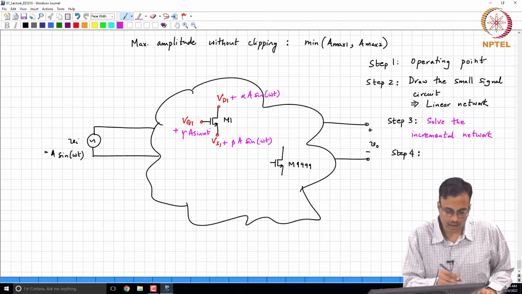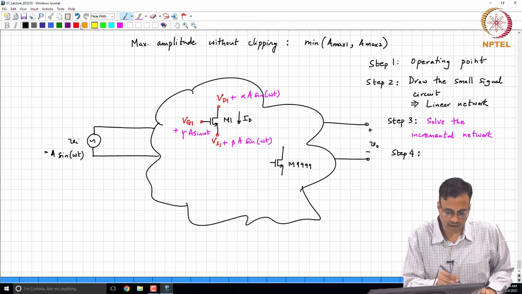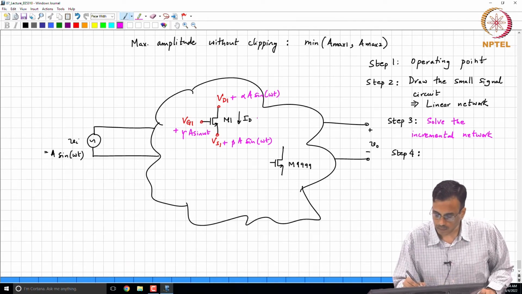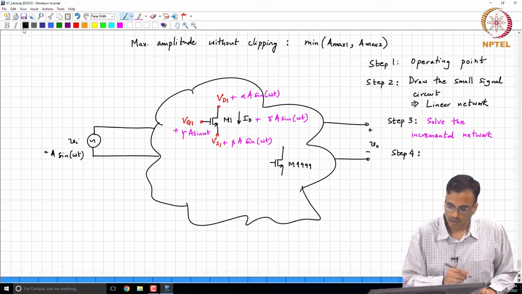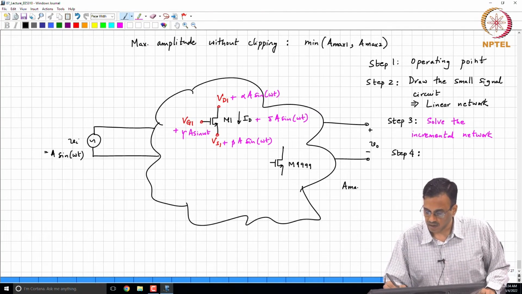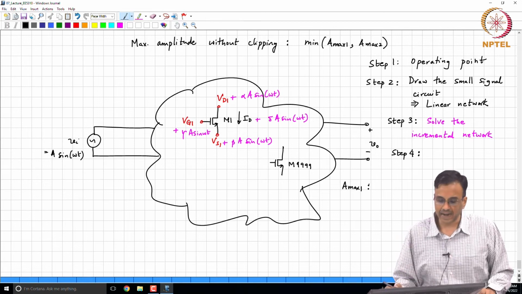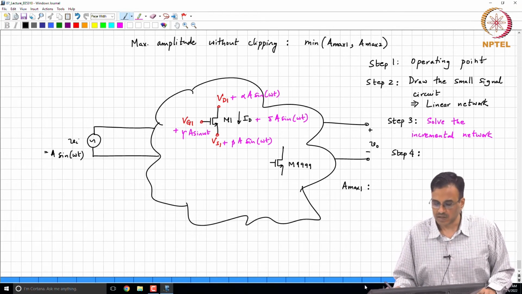And the total current, there was some quiescent current, on top of it there is an incremental current delta times A sin omega t, and so on. So, A max 1 is the maximum input that ensures that M1 is in saturation.